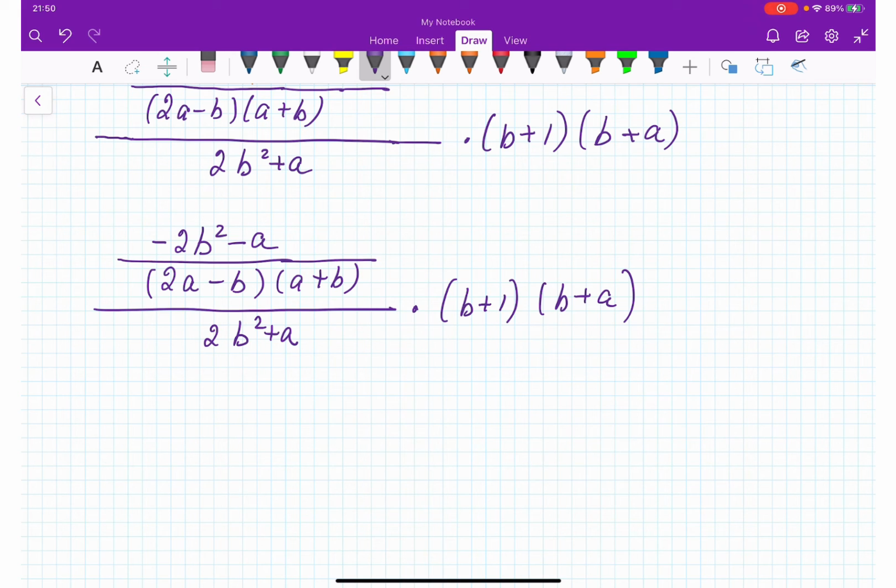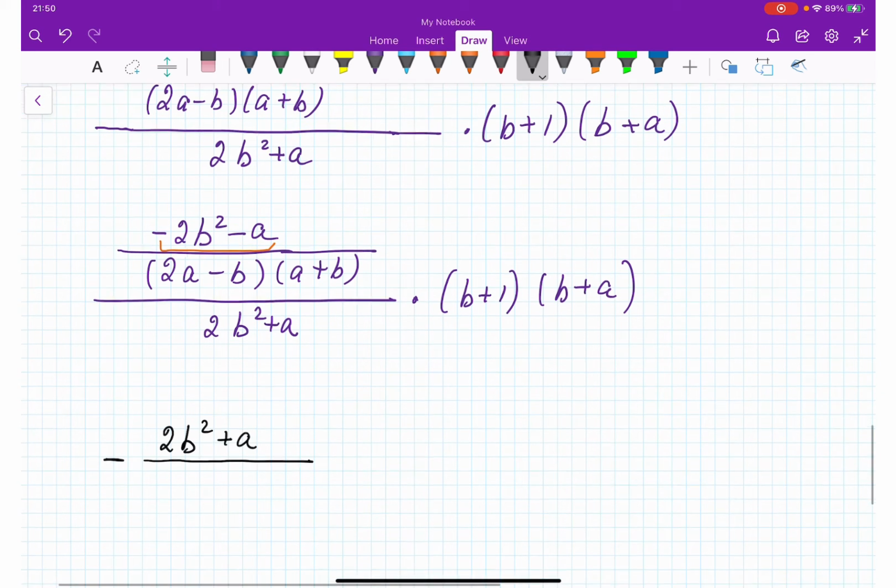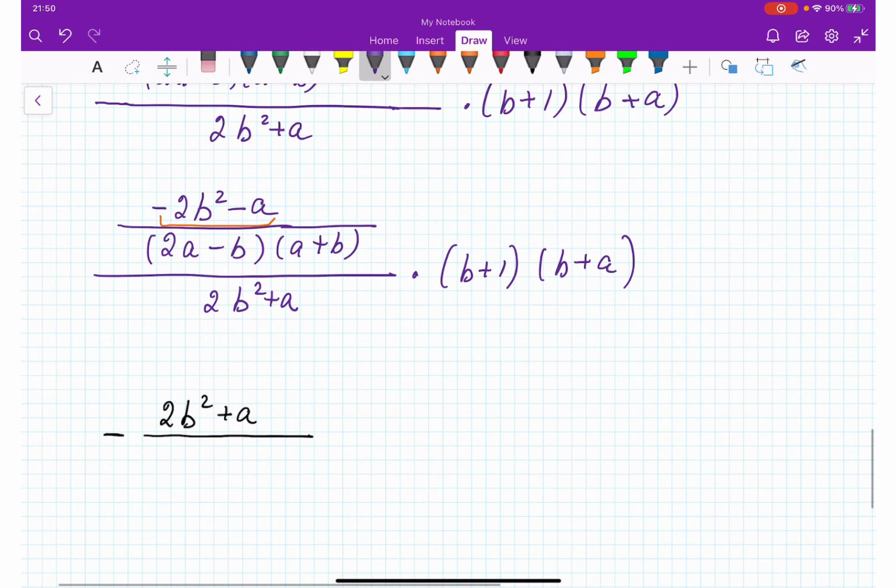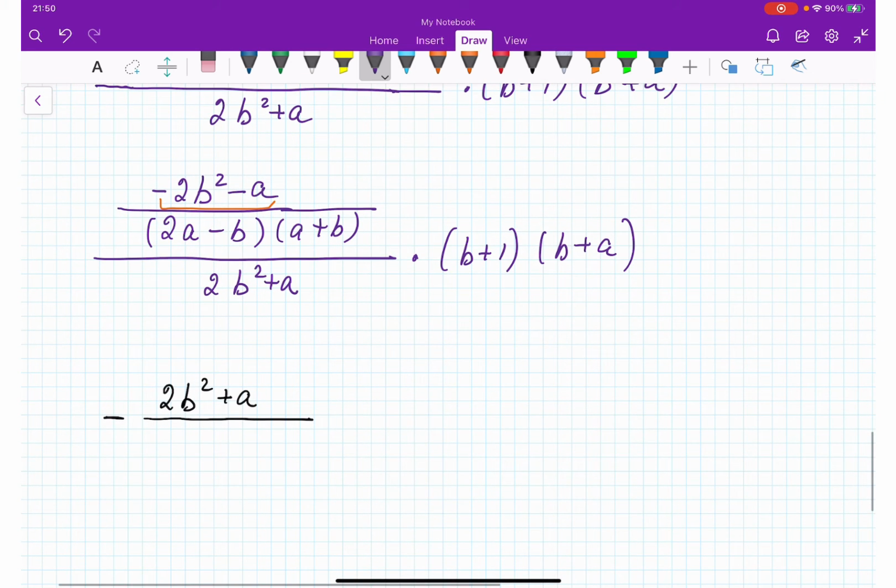So since I have in the numerator negative 2b squared minus a, I'm going to get rid of this negative sign. And how? Putting a negative in front of the fraction, and we end up with 2b squared plus a positive.